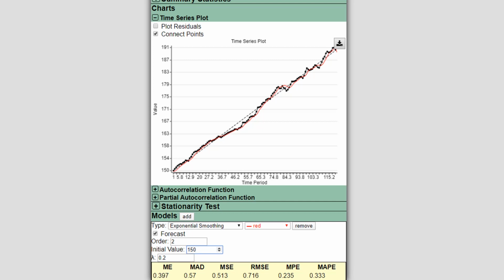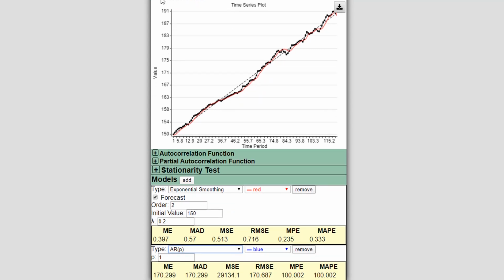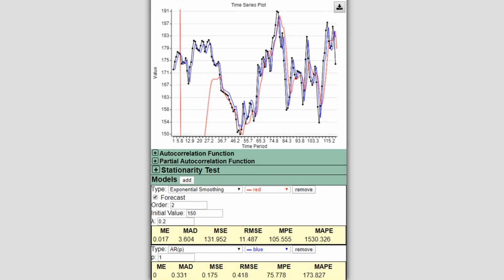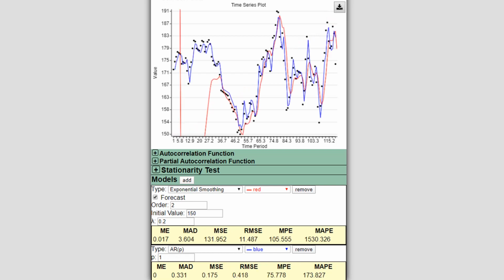At any rate, when you add additional models, let's put an AR1 model in here and just see. I think it might not be showing me the AR1 model correctly, because it's going to show it off of the residuals.